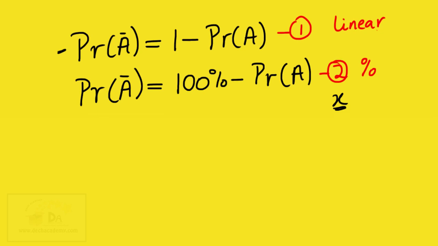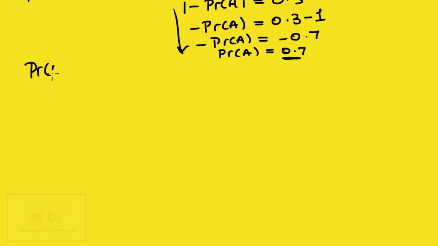Let's try another example. If you're told that the probability of A is equal to 0.6, and you're asked to find the probability of event A not occurring, what do you do? Instead of 0.6, I'm going to change that to 60%, so we can do an example using a percentage scale.